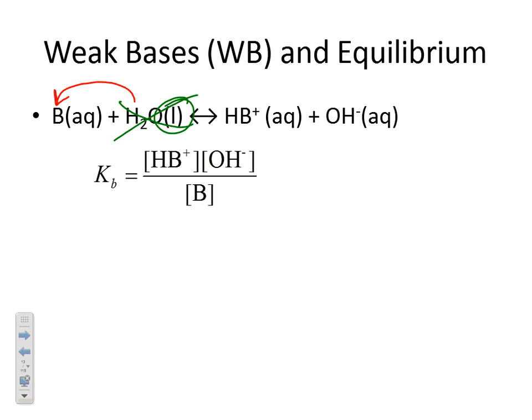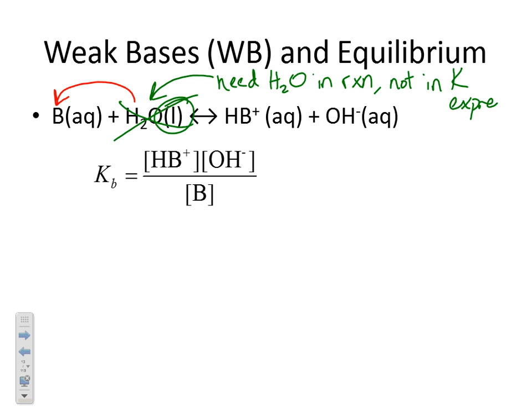So the Kb expression here is the concentration of HB plus times the concentration of OH minus divided by the concentration of B. You still need H2O in the reaction, but you're not going to put it in the K expression. So this is an example of, yeah, you absolutely need that water in that reaction. We don't include it, though, because it doesn't really have a concentration in this expression of concentrations.